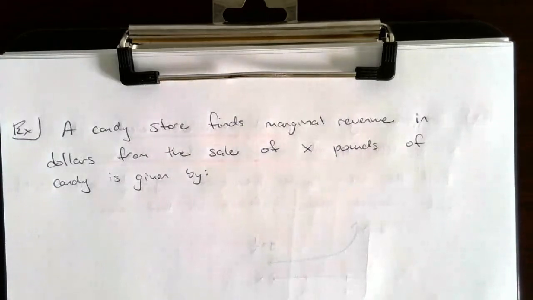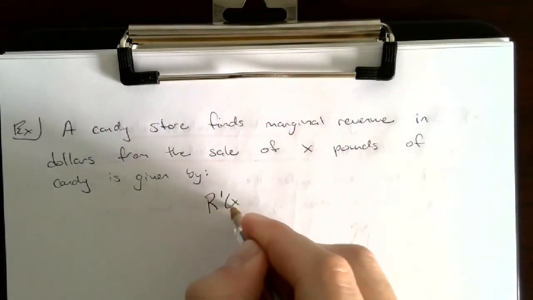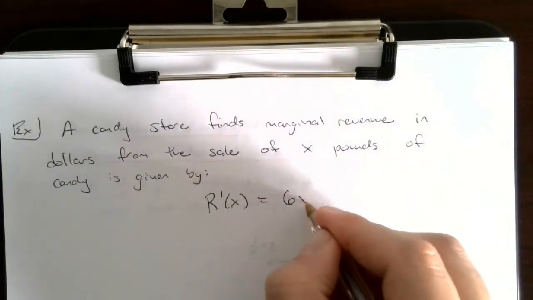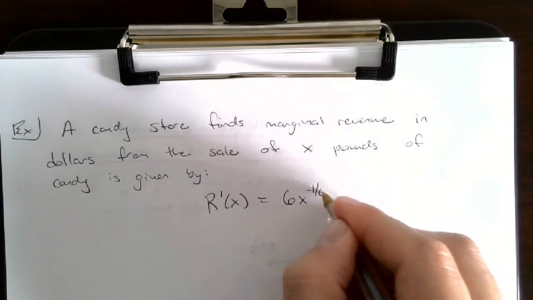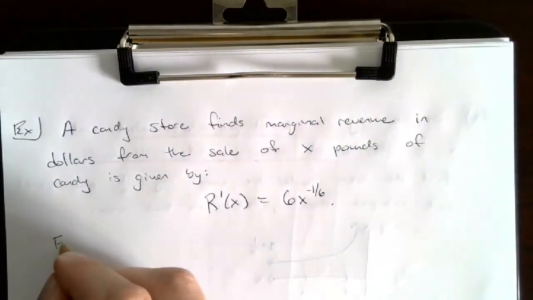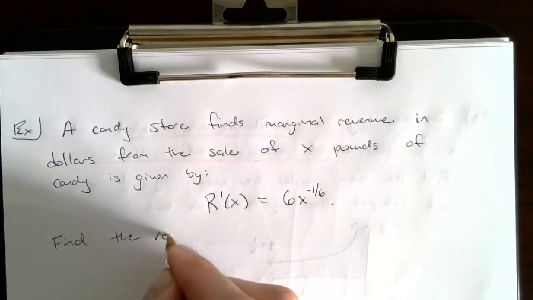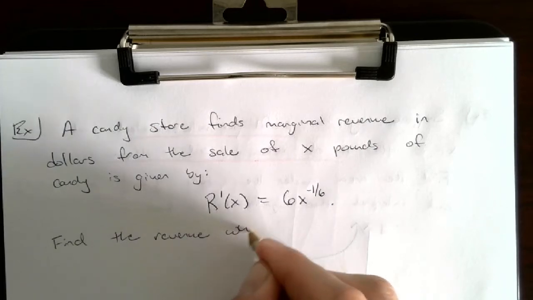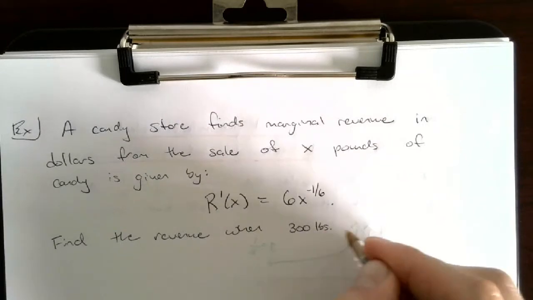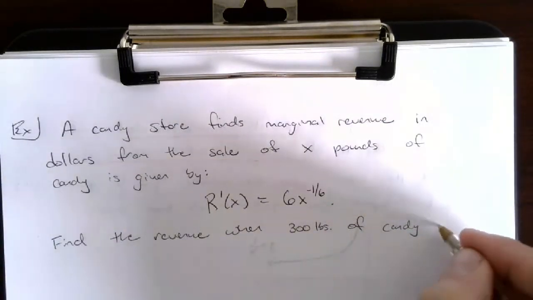It is given by, and they give us a function, R prime of x equals 6x to the negative 1/6 power, and they want us to find the revenue when 300 pounds of candy is sold.